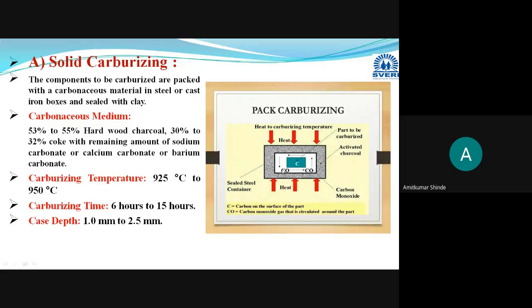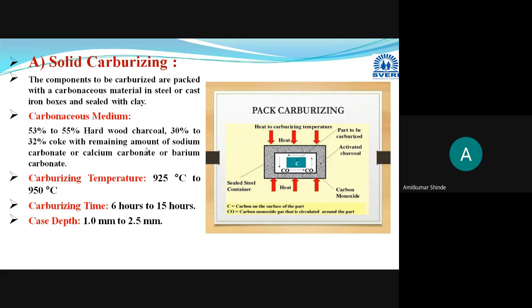In solid carburizing, the carbonaceous or carburizing medium will be solid in nature, and generally we use a mixture of hardwood charcoal 53 to 55%, then coke 30 to 32%, and the remaining amount of sodium carbonate or calcium carbonate and barium carbonate.